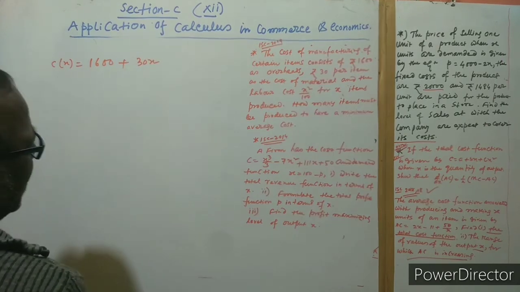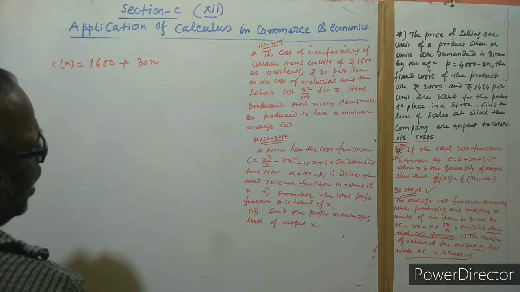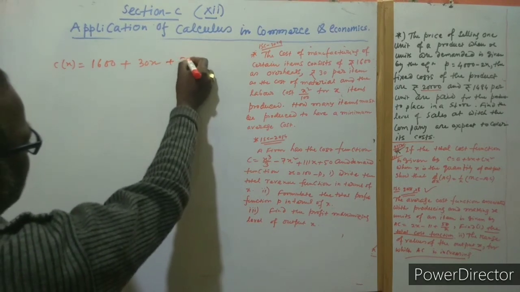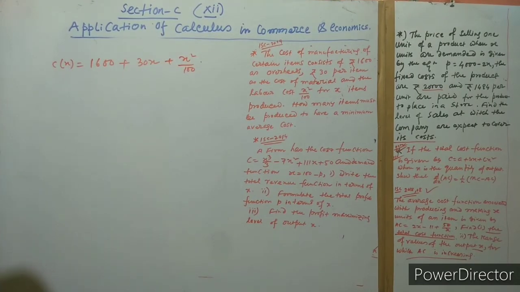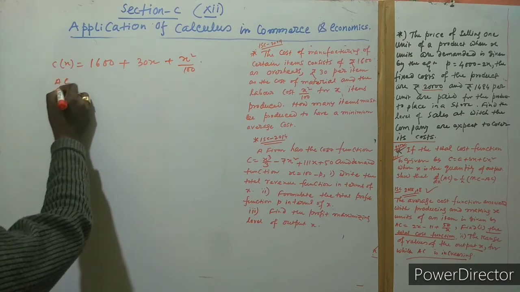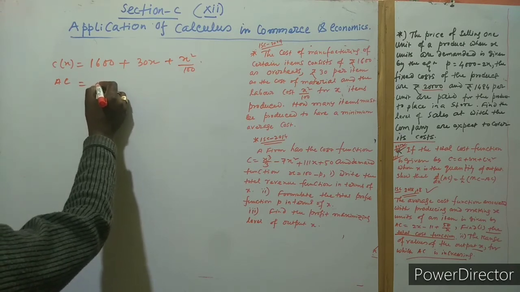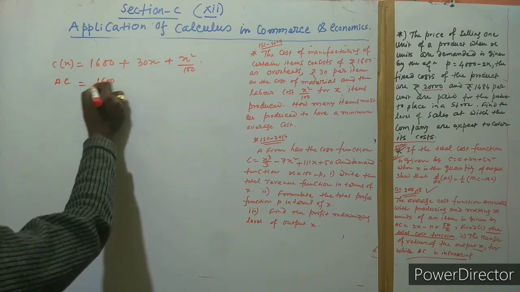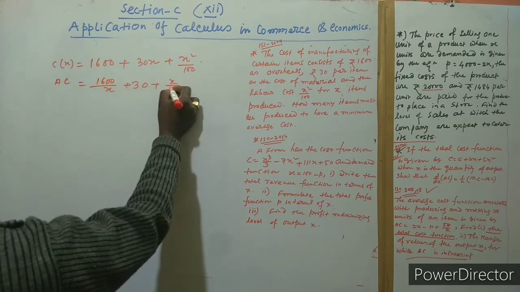So if x items are produced, x into 30 is the production cost, and the labor cost here is another, that is given by x square by 100. Okay, so how many items must be produced to have a minimum average cost? So you have to find here the average cost, and that is equal to, so this is divided by x here. So 1600 by x plus 30 plus x by 100.